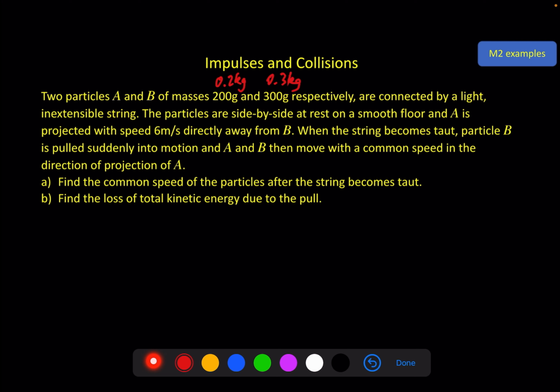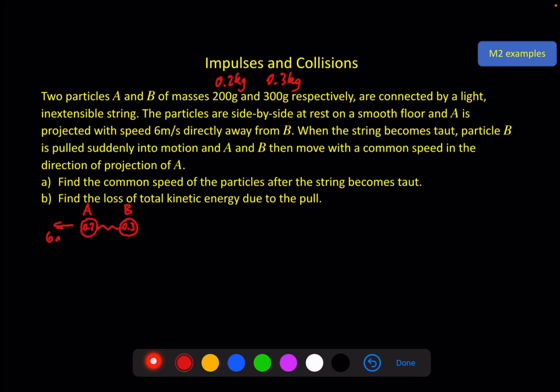And A is projected with speed 6 meters a second directly away from B. So let's say we've got A here, B here. This is 0.2, 0.3. Initially they are both at rest, but then A is projected with a speed 6 meters per second away from B.